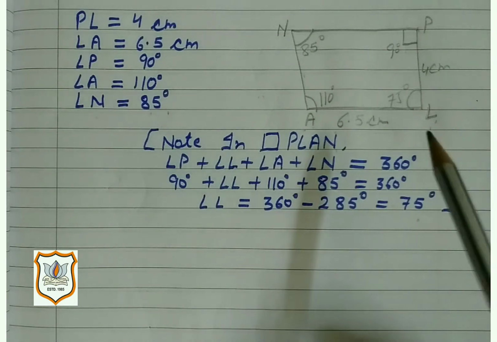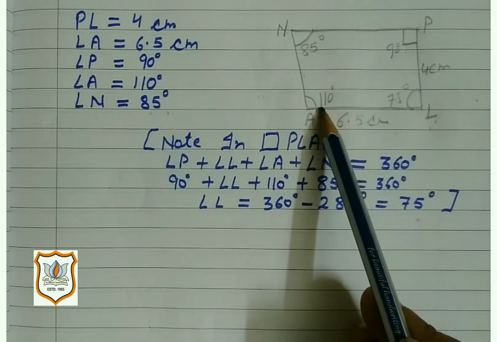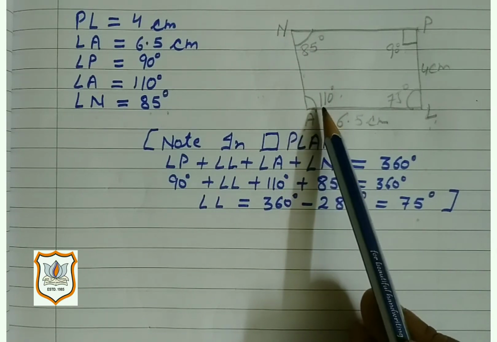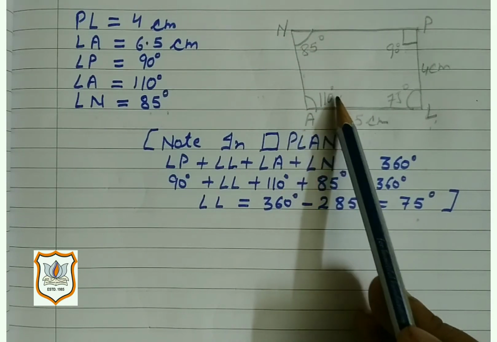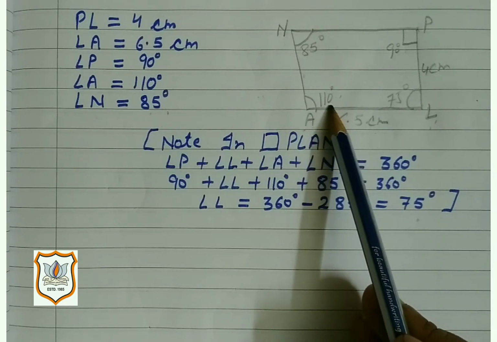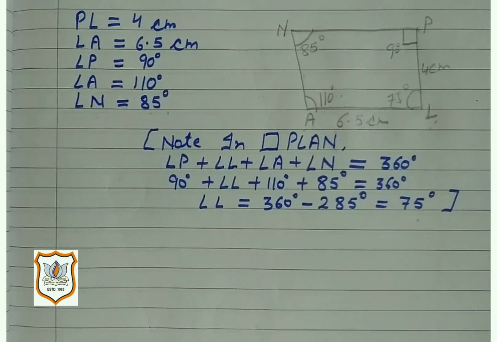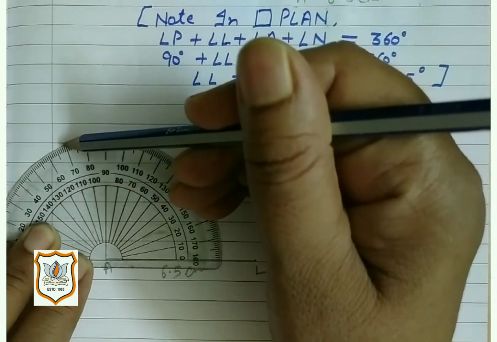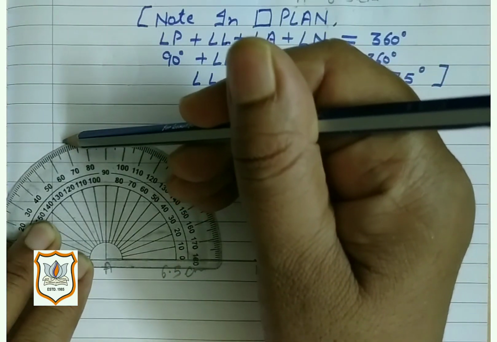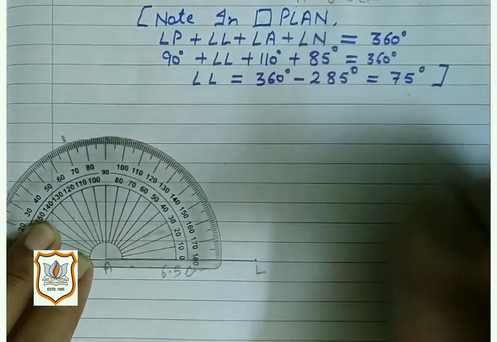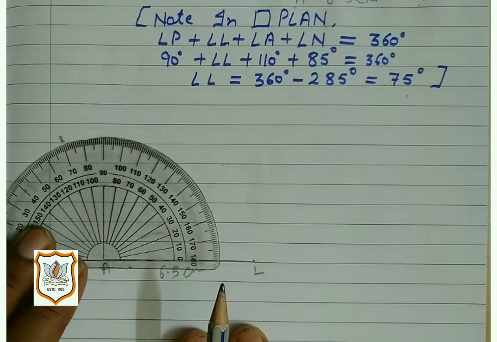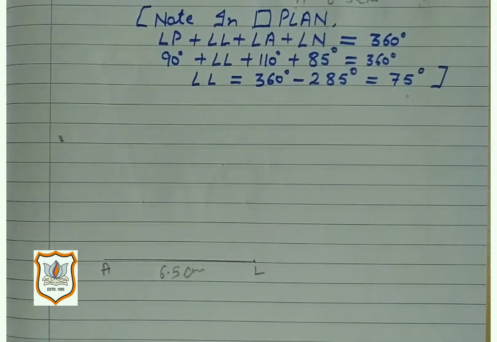Now we will construct angle 110 degrees at point A. Students, we construct the 110 degree angle by using a protractor. Clear? You can see here, this is 110 degrees. Students, you have learned construction of angle by protractor in class 6.